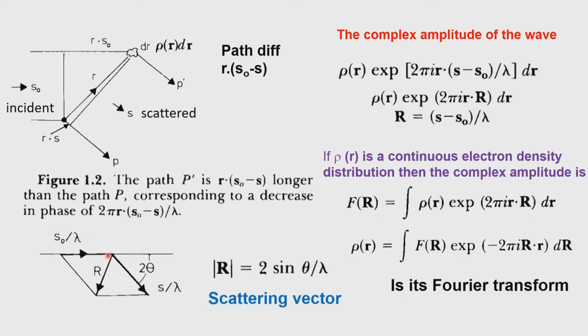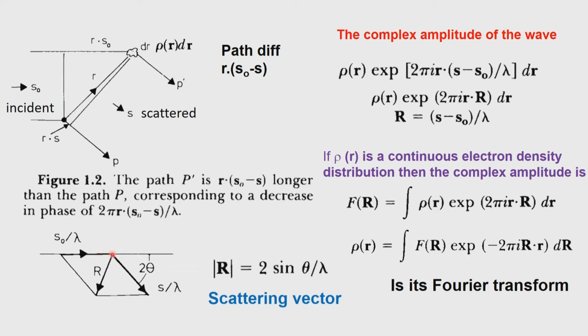So, this is the way in which it comes and falls on this electron density rho of r, let us say it is up here. If there was no electron density, this would pass through, and therefore, this is now called the incident direction, S naught by lambda. It goes out into the system.